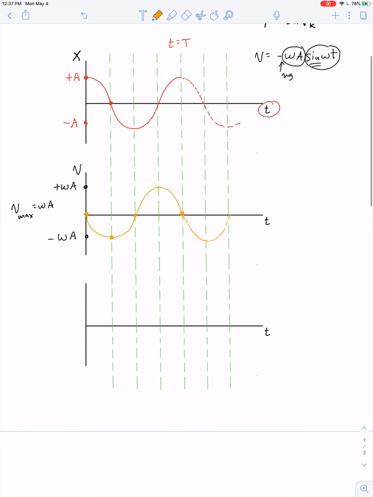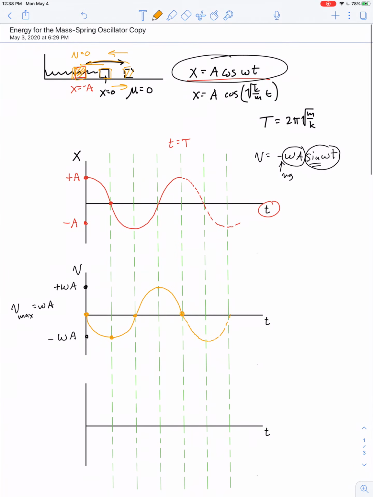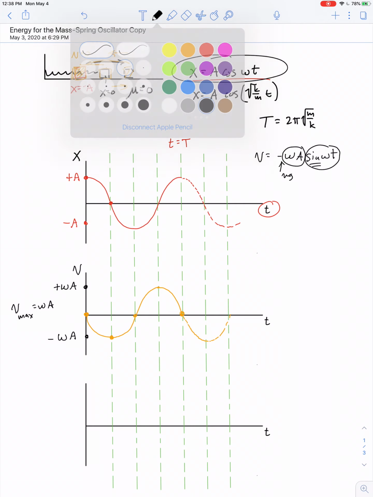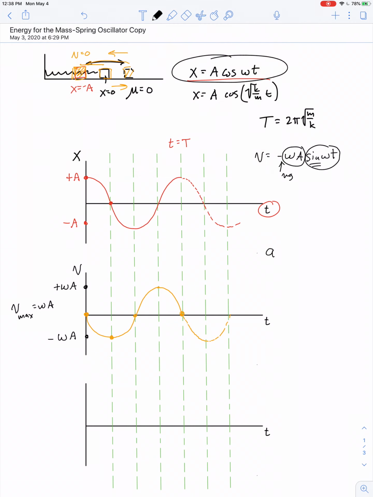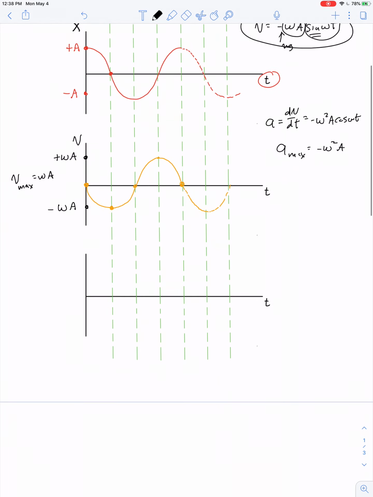If we want to graph acceleration, take the derivative yet again. Acceleration is dv/dt, and there's v, so acceleration is negative omega squared A cosine omega t. So the maximum acceleration is negative omega squared A. We're going to return to that in just a moment here.